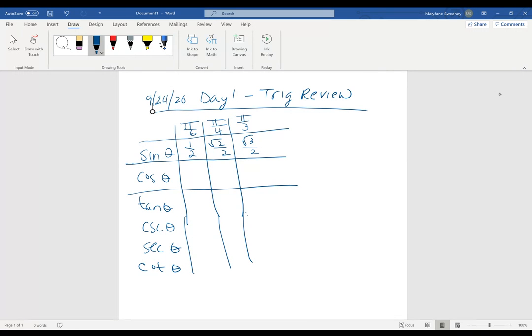For cos, the middle stays the same, or you could think of it, it's the sine row backwards. Tan is sine over cos, so that's one thing we should know. Tan theta is sine theta over cos theta. So radical 3 over 3, 1, and radical 3.